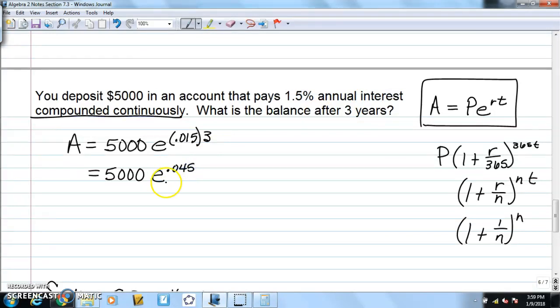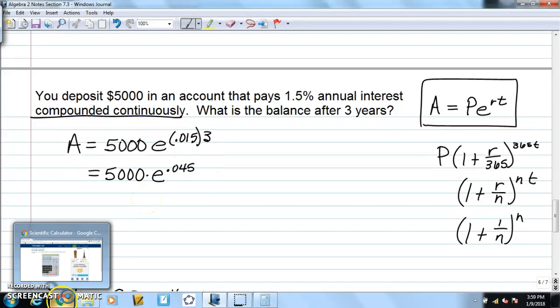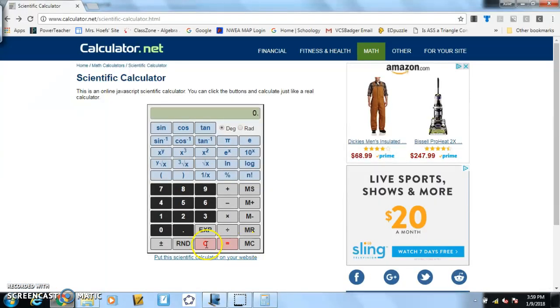Now, again, you can put it in as is. Most calculators will do this correctly, but it might be a good idea to start right there. Okay, so if you put in your e to the 0.045, let's make sure I have this cleared. I'm not sure what went wrong before. But you're taking e to the power of 0.045 equals.